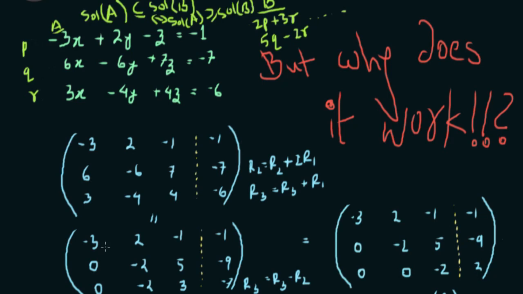This equation, whatever we had, is now changed with a combination of this equation plus 2 times this equation. So this is again a linear combination of the above equations. Similarly, this equation is a linear combination of this equation and this equation. So it's pretty clear that whatever the solution of this set is, those solutions will satisfy this system of equations as well, right?